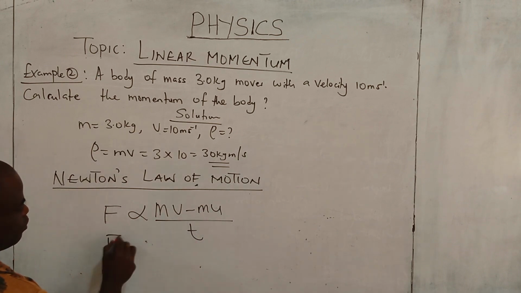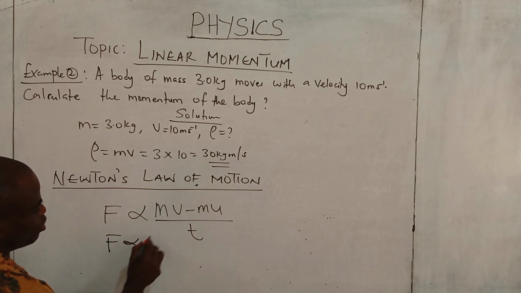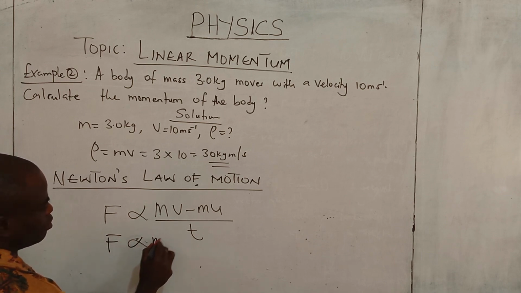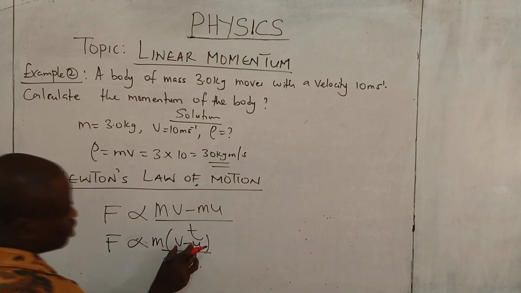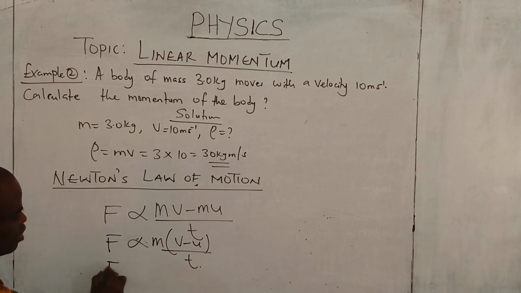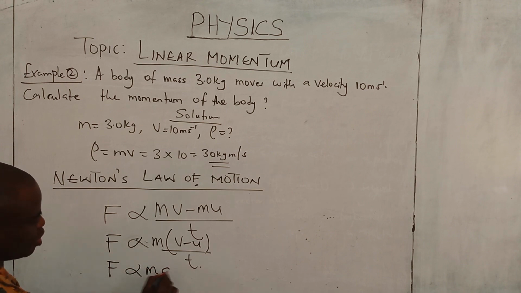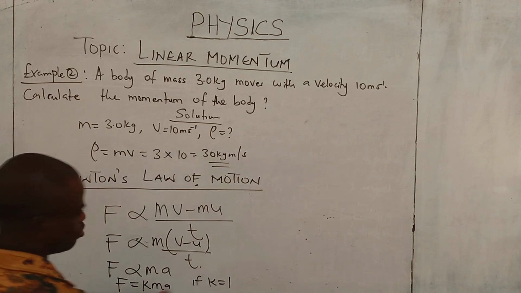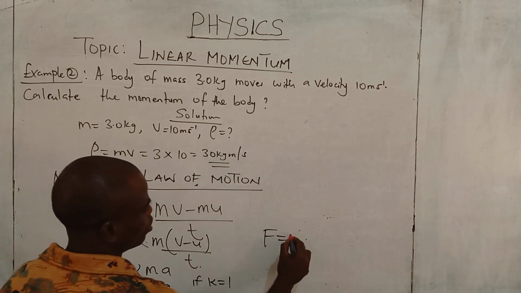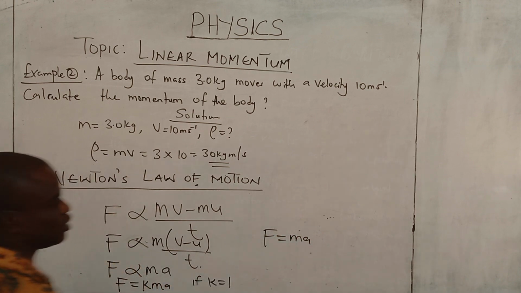Now F is proportional to, what's common? m. (v minus u) over t. v minus u over t is acceleration, so F is proportional to ma. When you introduce a constant, F equals kma. If k equals 1, what will it turn to? F equals ma. Is that okay?